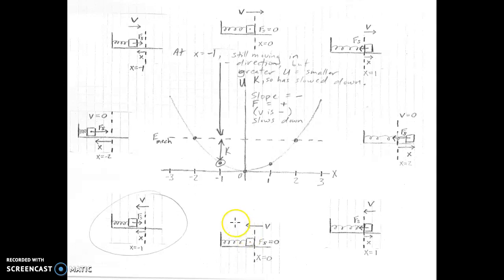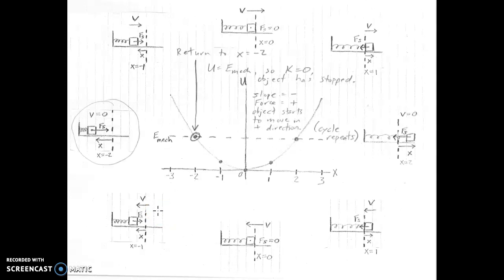And as it goes to the left, the spring starts to compress, and so it starts to push back to the right. And so now as we have a velocity to the left and a force to the right, it's going to start to slow down. So we see our velocity getting smaller than it was here. And then eventually, as the spring continues to push to the right, it stops the object, and so the object is going to reach some maximum compression on the left side, which you'll notice is back to our initial position.